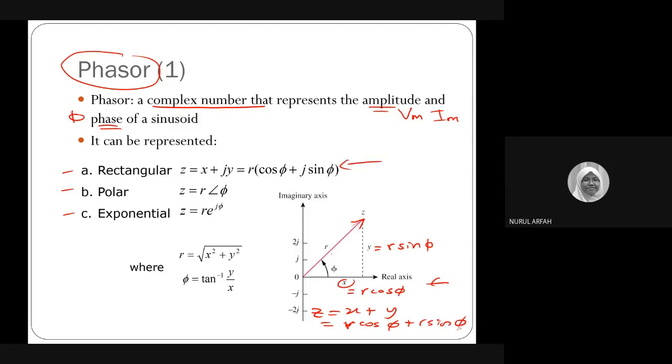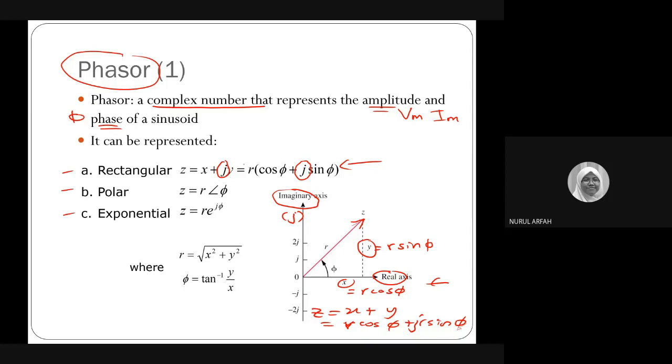But you need to consider something else, which is that the x-axis here is the real axis and the y-axis here is the imaginary axis. If you have an imaginary axis, you should put j. And the real axis is just a real number. So for the y part here, you have j. You should put j here and also j here. It is imaginary.